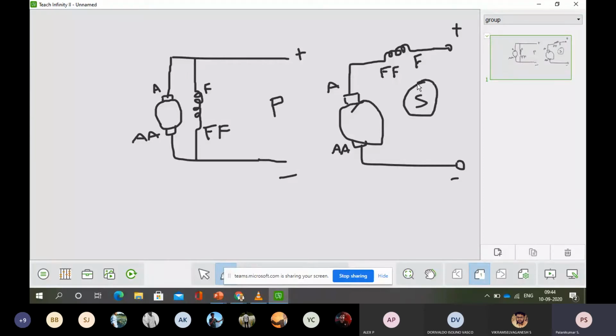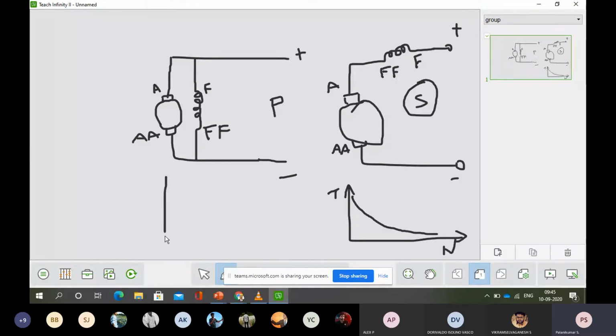But if you keep on loading the machine, torque will come down sharply. Suppose I draw the characteristics of a series connection motor: this is torque, this is speed. Initially it exhibits very high torque at low speed. When the speed increases, torque decreases.